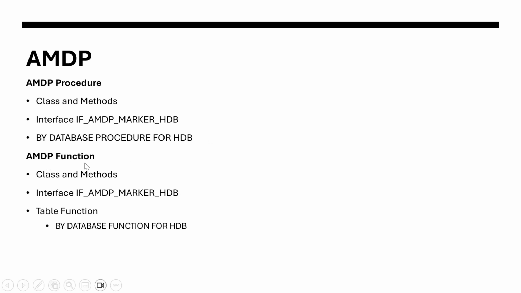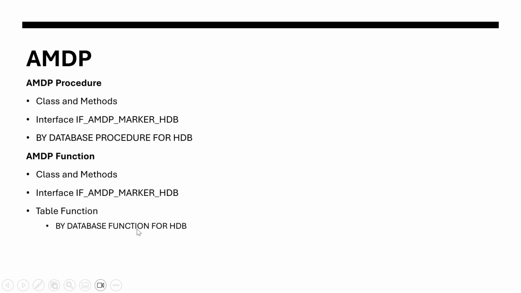Coming to the AMDP function, this also will have classes and methods, and the interface is also the same, IF_AMDP_MARKER_HDB. And here it is a table function. If you observe clearly, we have BY DATABASE FUNCTION FOR HDB here. Here it is the procedure, here it is the function.